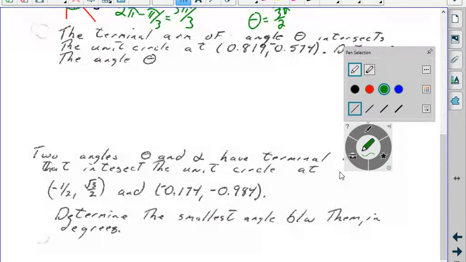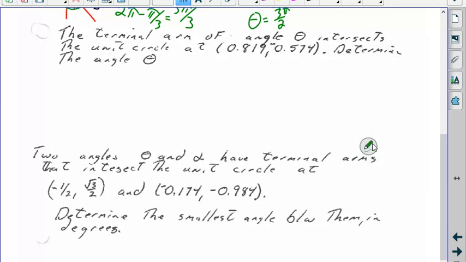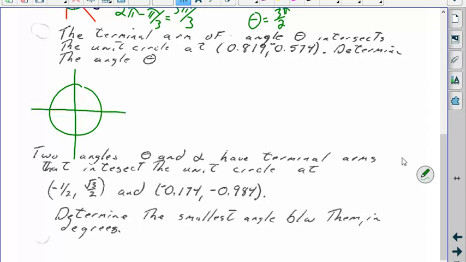I'm going to do these last two questions, and you will have homework for tonight. The terminal line of angle theta intersects the unit circle at a point negative 0.819 and negative 0.574. Now, there's the unit circle.